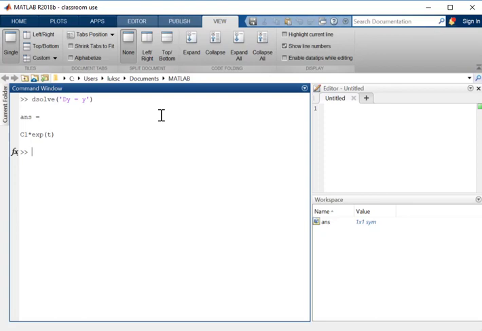Okay, and if I want to do this using a boundary condition, then I'm going to start with the same, but then I'm going to put in the boundary conditions, and again in single quotes, y of 0 equals 2, for instance.